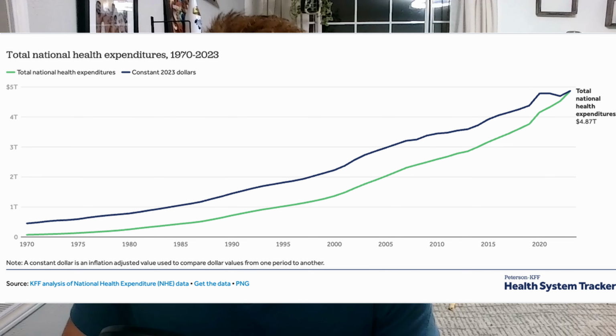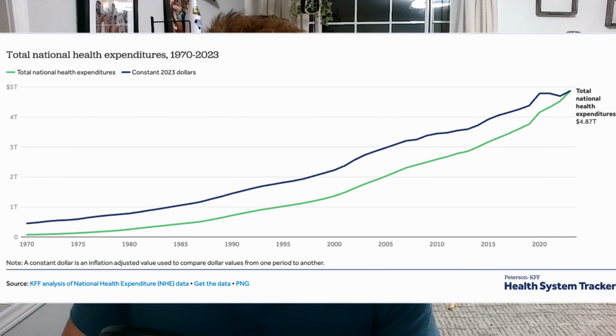Here's the national debt. Oh no, this is the national health expenditure as a percentage of GDP. Okay, that is pretty significant. So what that means is if you're looking at this line, it ought to stay flat.